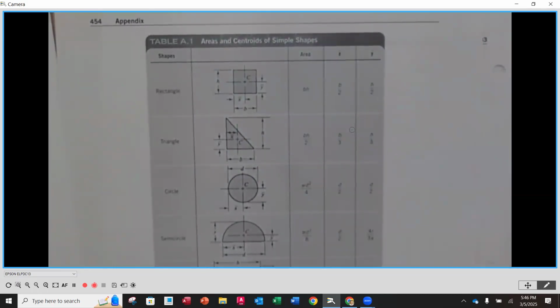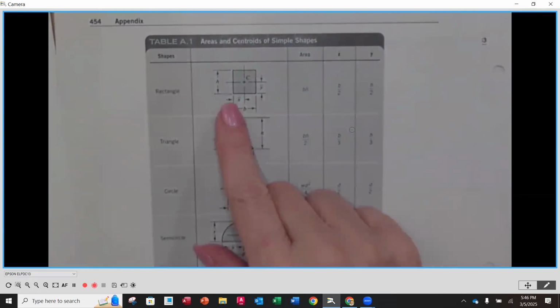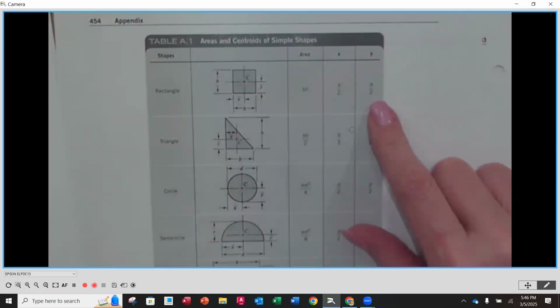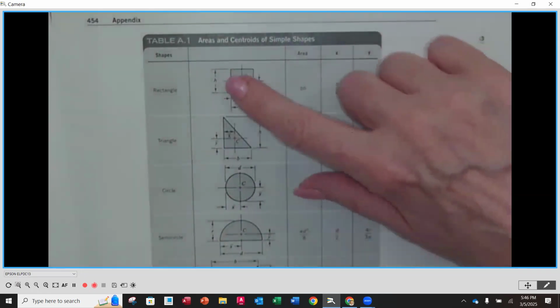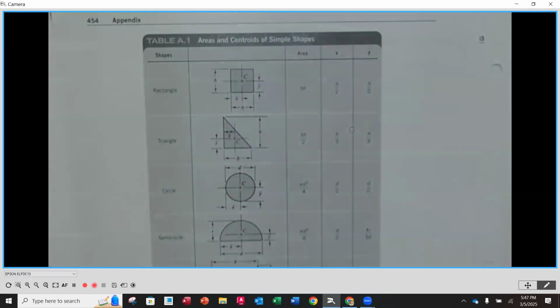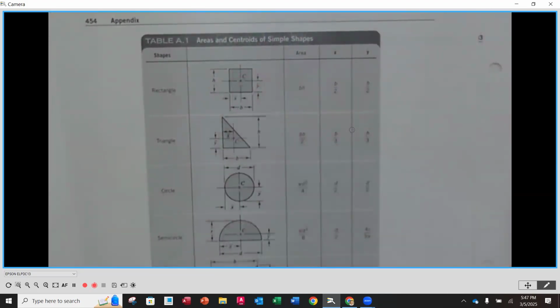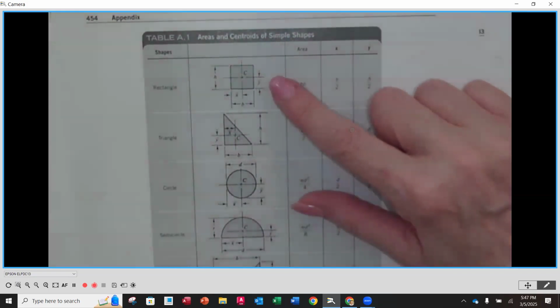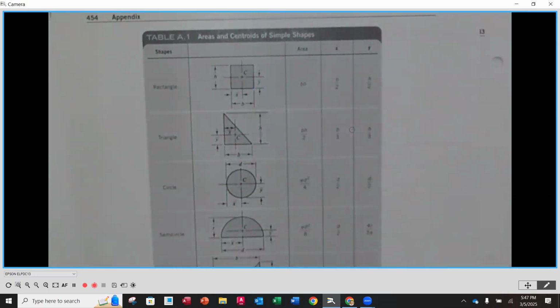X bar is going to be the location of the centroid along that line. Then we're going to find the Y bar. The Y bar, as we look at the height, is going to be halfway up that distance of that height. That's going to be the placement of that line of symmetry or the axis of symmetry. Where those two intersect is going to be our centroid. For things like rectangles and circles, really easy to find, okay?